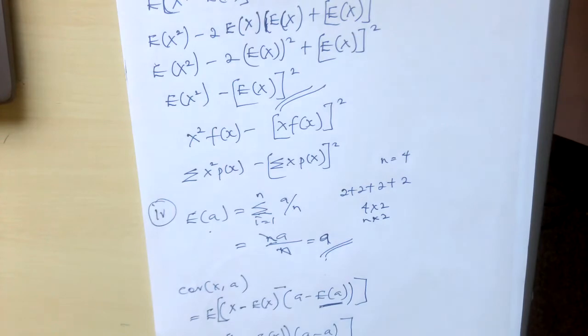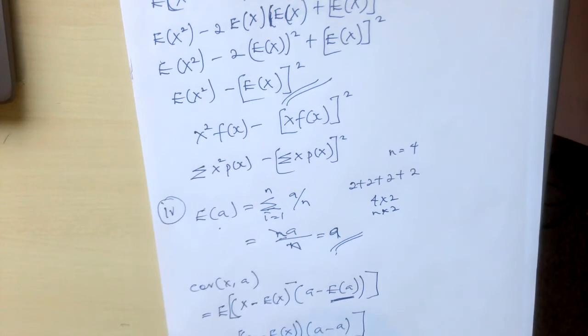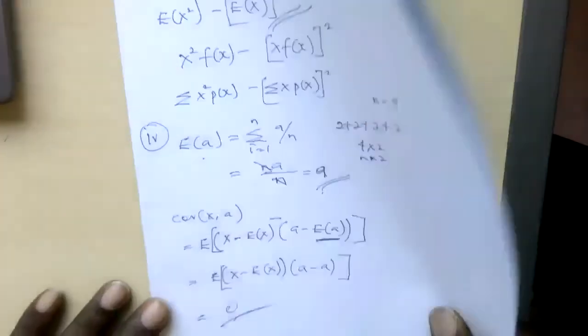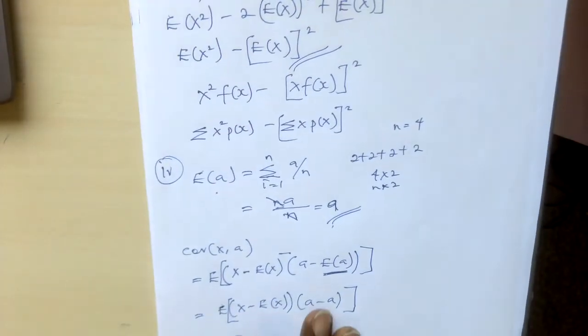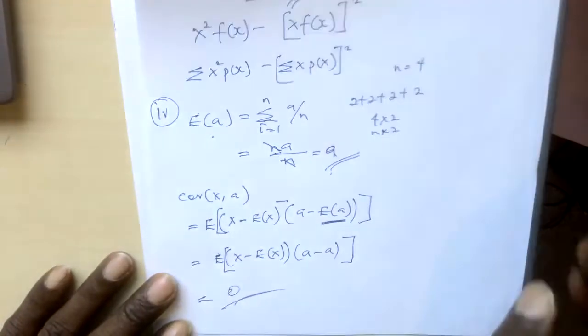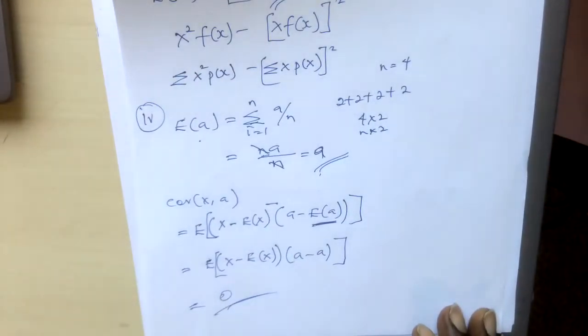So a minus a is 0, and once a minus a is 0 times this term, everything becomes 0. Yes, I believe you can see this.